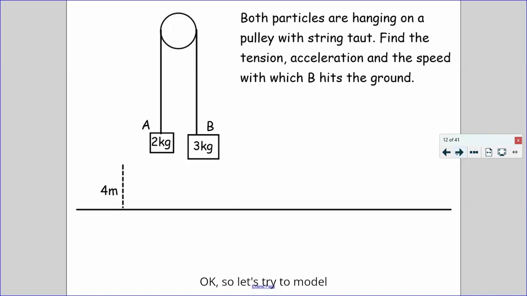Okay, so let's try to model the system here. So you can see there's a pulley over here, one string going round, two particles, and that should be 4 meters. So let's fix the diagram first. As you can see, both particles are 4 meters above the ground. So this is the ground over here.